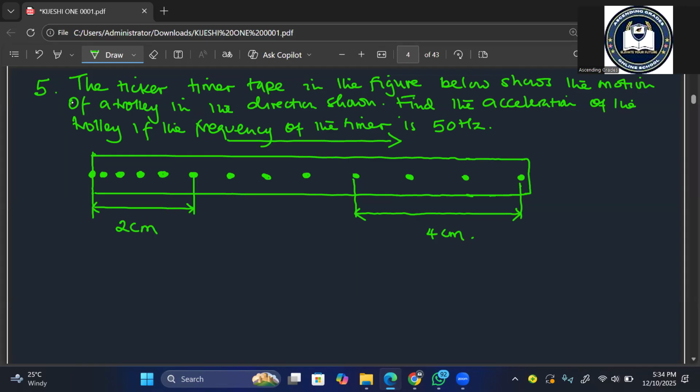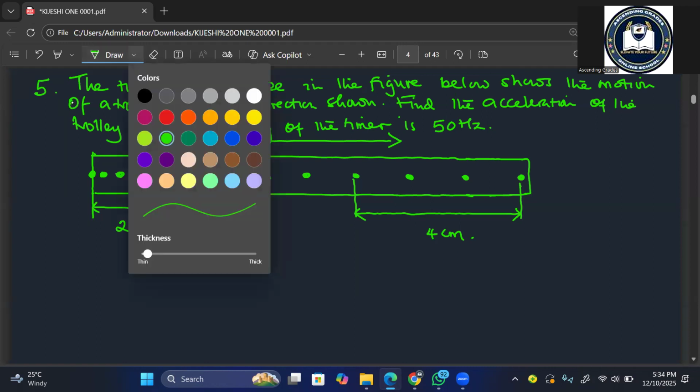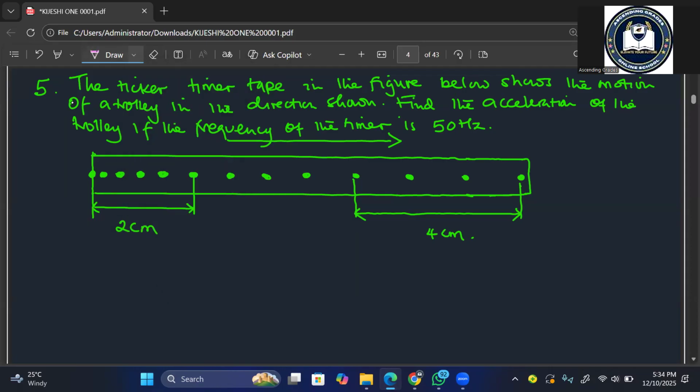So that is it now. And we are supposed to get the acceleration. In accordance with the direction that we have been shown, the ticker tape was moving towards the right. So in this case, we expect it to be decreasing, to be having a decreasing acceleration.